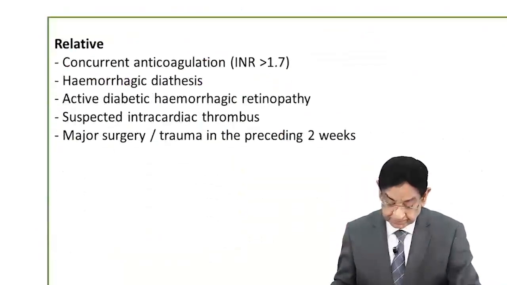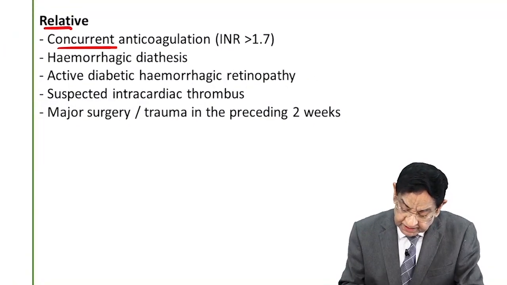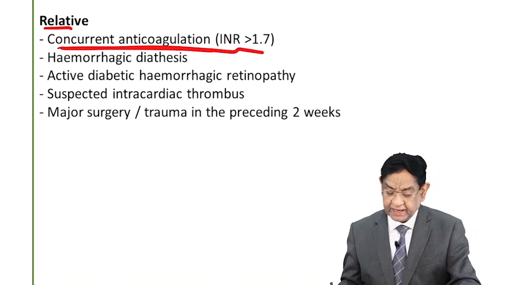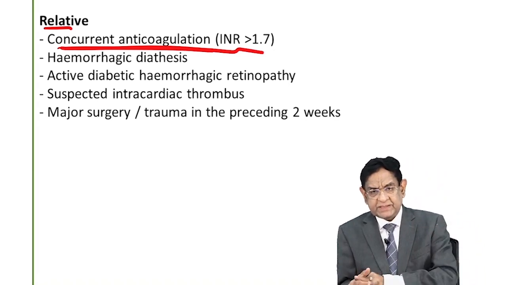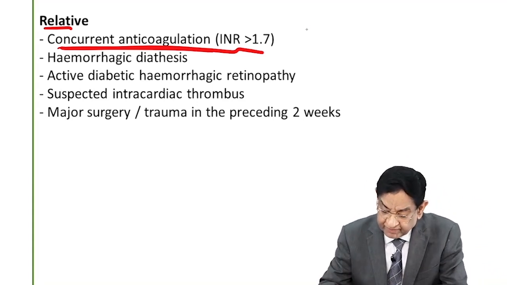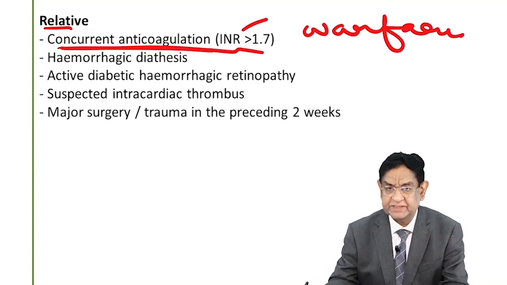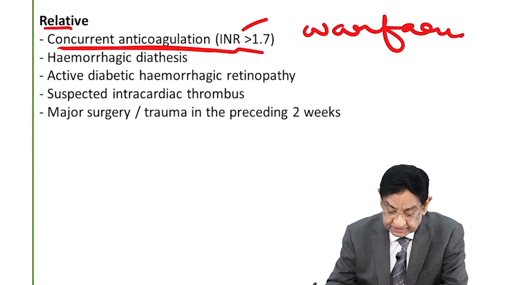Now, relative contraindications include concurrent anticoagulation going on. INR is more than 1.7. Patient is already taking warfarin. And the INR 1.7, don't do thrombolysis.